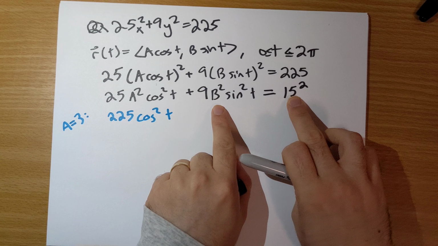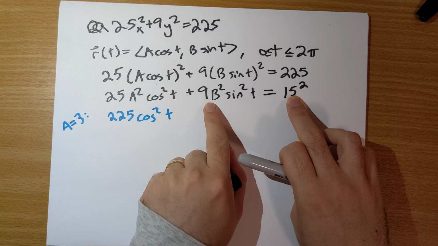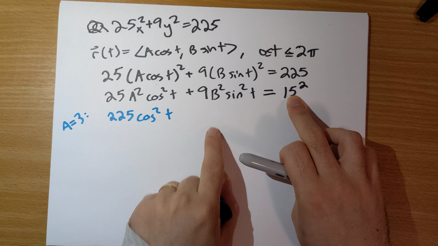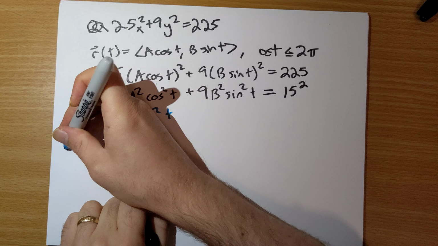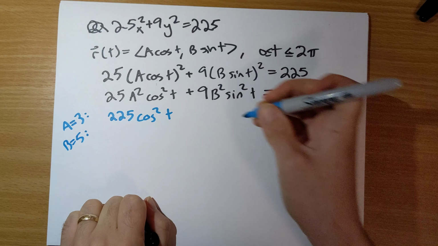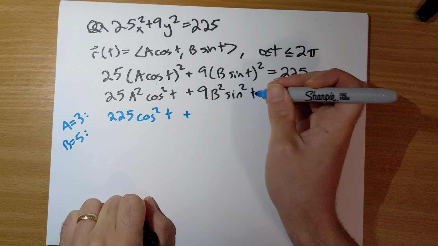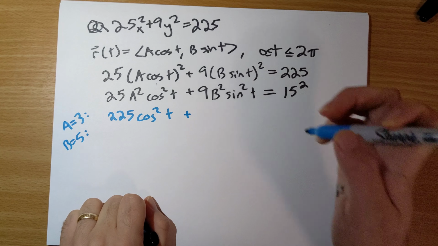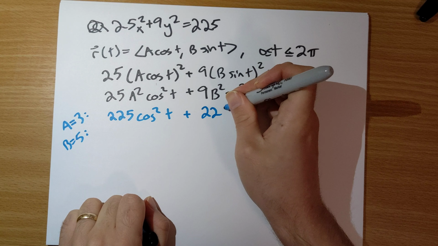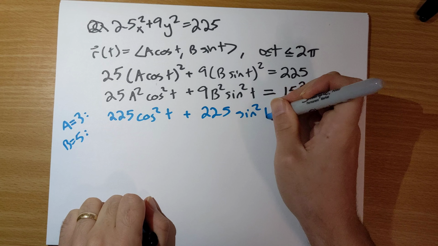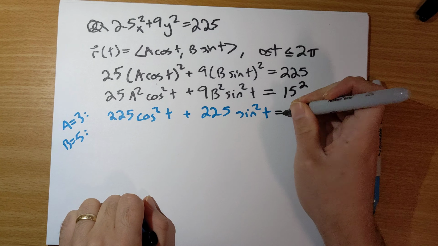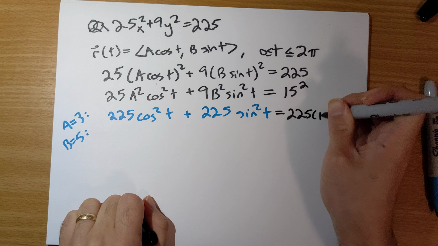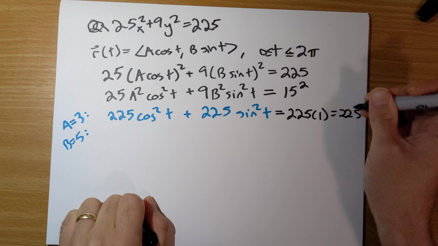How do I get to 225 from 9 times b squared? I think if we set b equal to 5, then we would get 9 times 5 squared, 9 times 25 is again 225 sine squared t. And sure enough, that is equal to 225 times 1, which is 225.